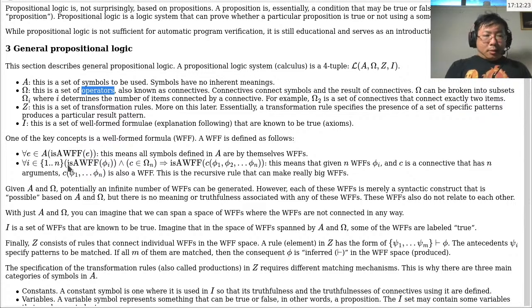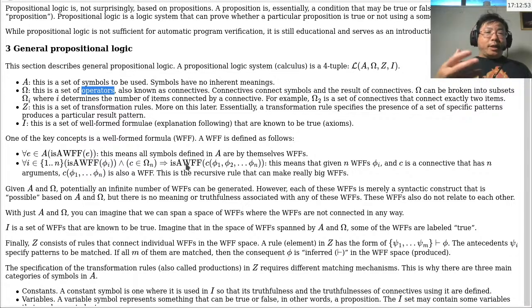And then it says for each phi i, if each phi i is itself a well-formed formula, and E is in omega n, then when you apply E using phi 1, phi 2, phi 3 all the way up to phi n, that is also a well-formed formula.